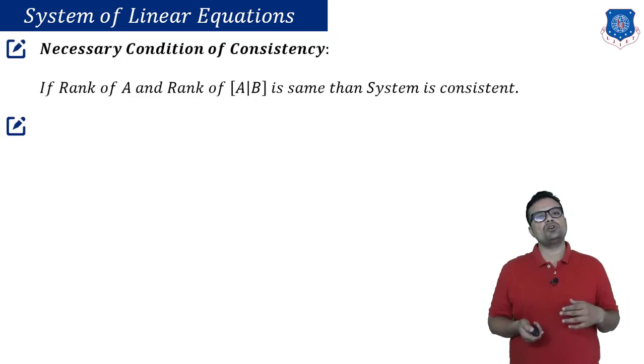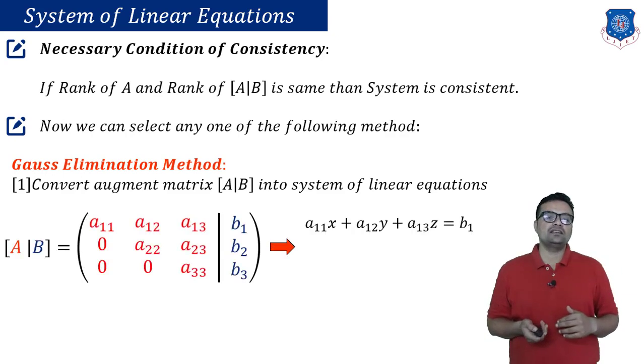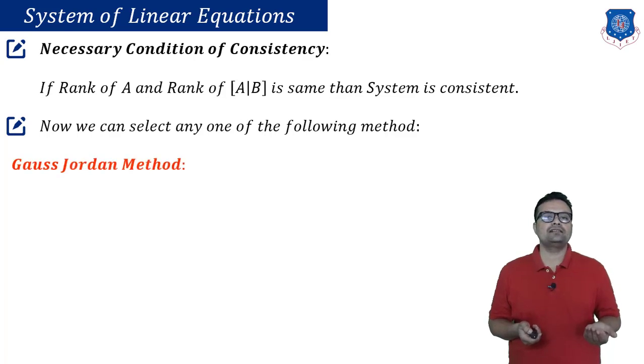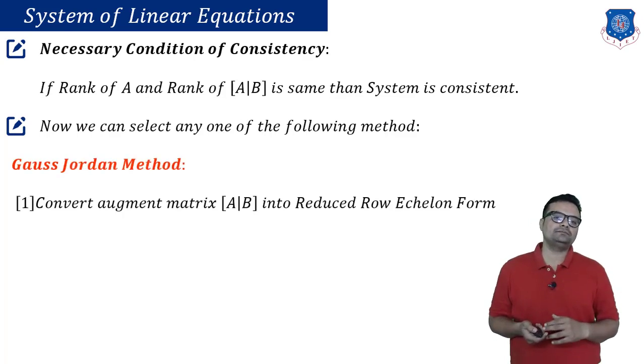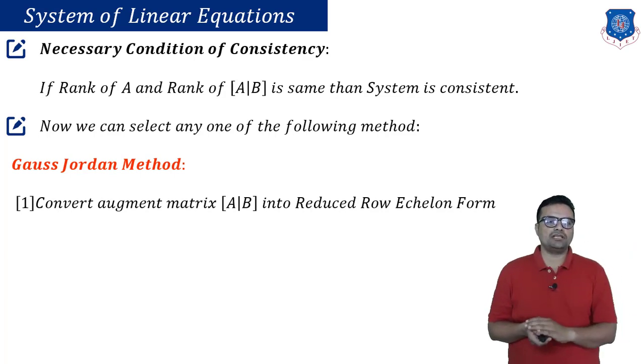Now let us focus on another method. The second method, after Gauss elimination, is known as the Gauss-Jordan method. What is the difference between Gauss elimination and Gauss-Jordan method?